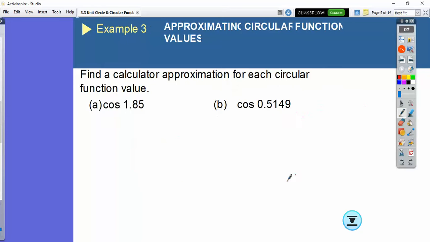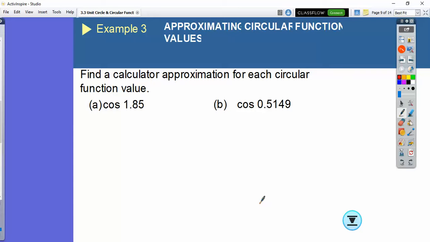I want to talk about a few problems on our calculator. So let's say I give you cosine of 1.85. First of all, does that have a degree symbol on it?